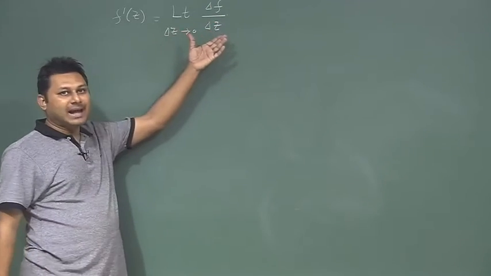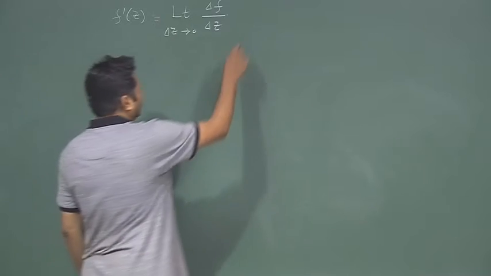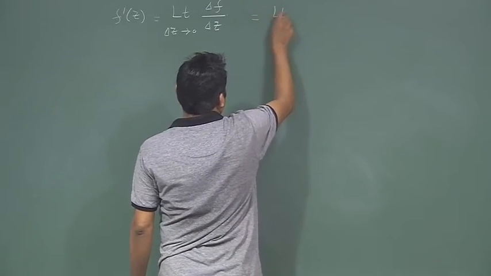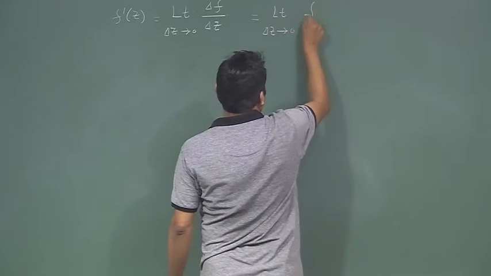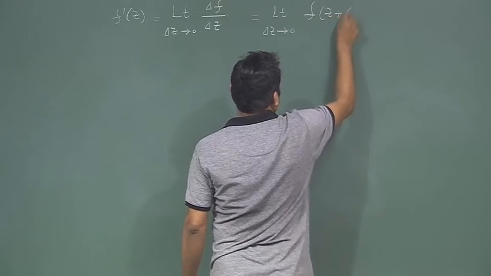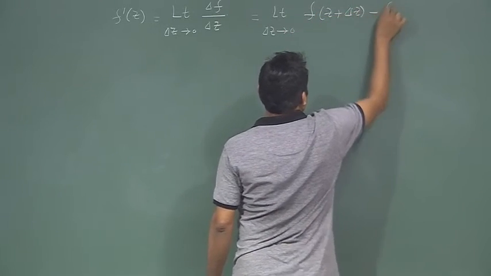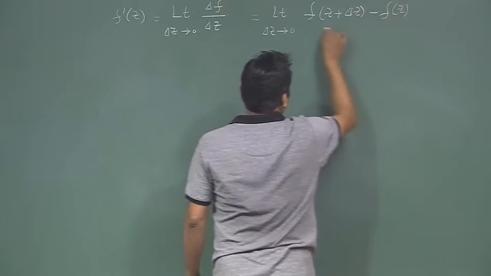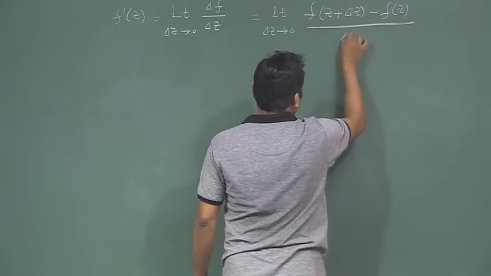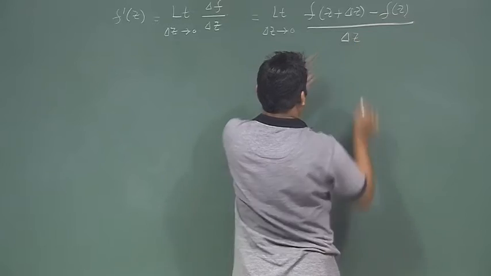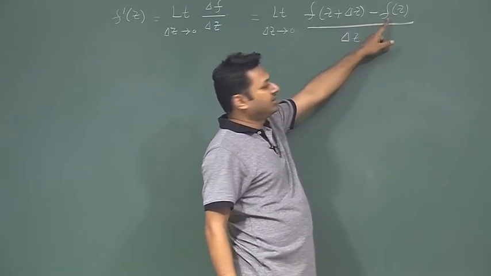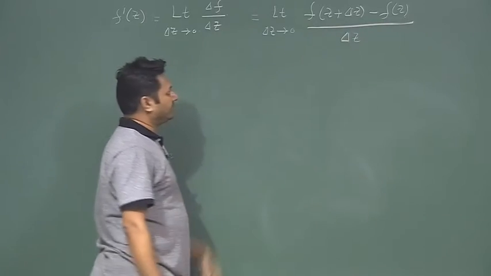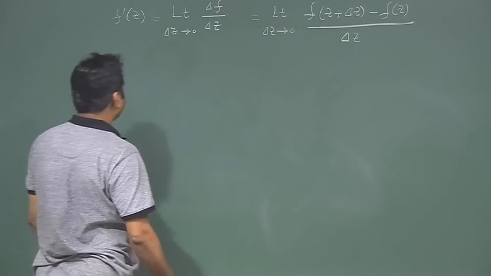It is the same thing that I have written previously. So, it is limit delta z tends to 0, function of z plus delta z minus function of z, divided by delta z. I just put delta f for the change of that thing.